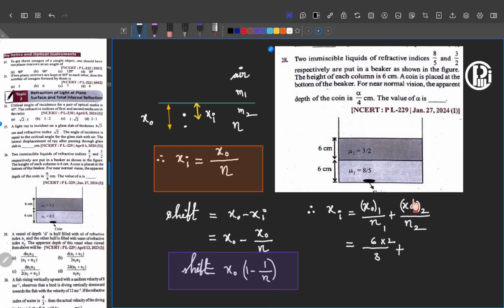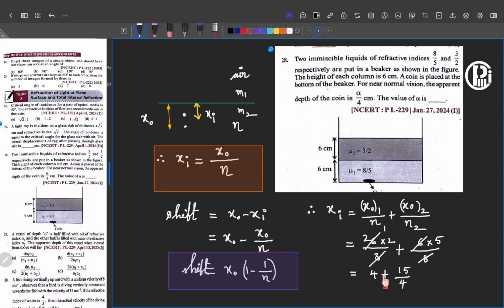This xo2 is again 6, so 6 by 8 by 5. So this will be into 5 and this is 8 here, so this will be cancelled 2 times, so 2 here, and this will be cancelled, so 4 plus I can add 3 into 5, 15 by 4, 15 by 4, right.